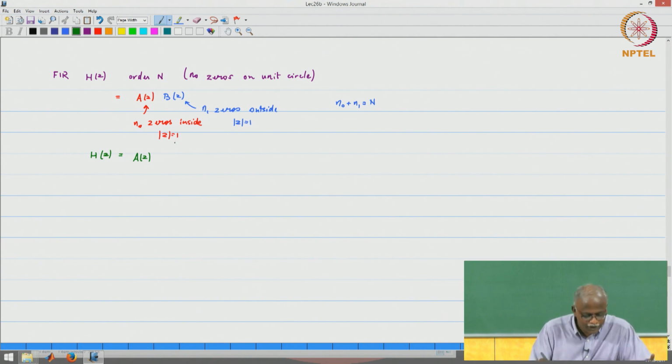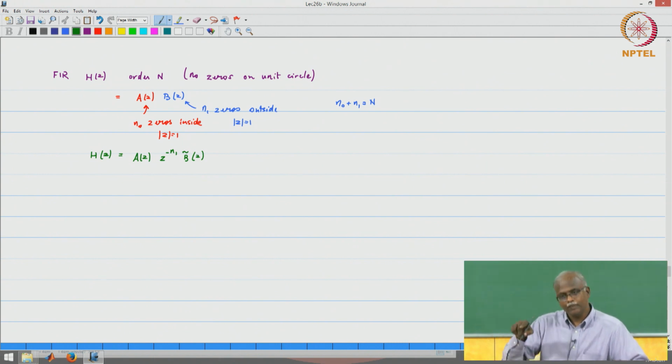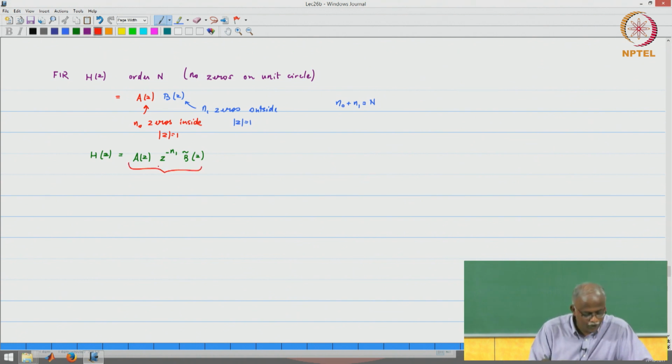So paraconjugate means I must write Z power minus n1 B tilde of Z. Now if B of Z has zeros outside the unit circle, the paraconjugate will have zeros inside the unit circle. So which means that this whole setup has got zeros inside the unit circle. How many zeros? N. You've got n zeros inside the unit circle.